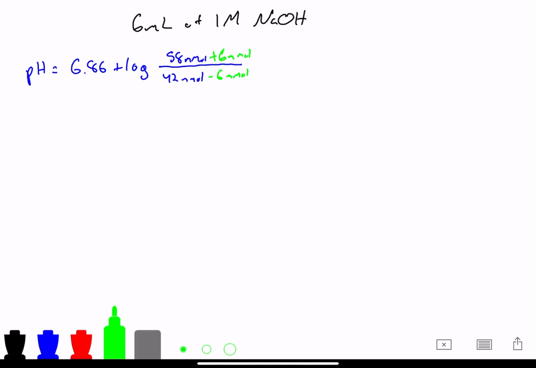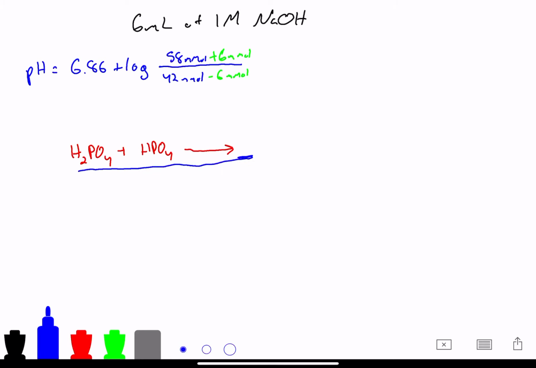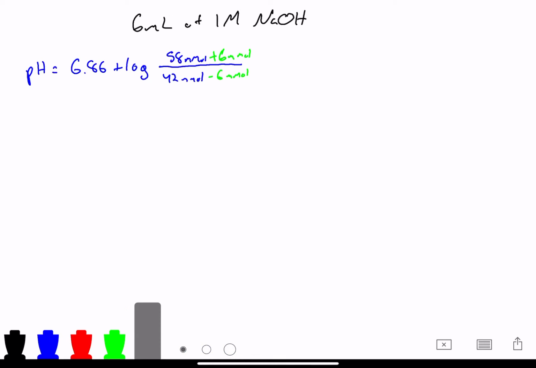Because if we had the chemical equation here, H2PO4 plus HPO4, because we're adding base, you're going to have a higher concentration of this because we're taking off one of these hydrogens. So we're adding base, the base goes to the top.